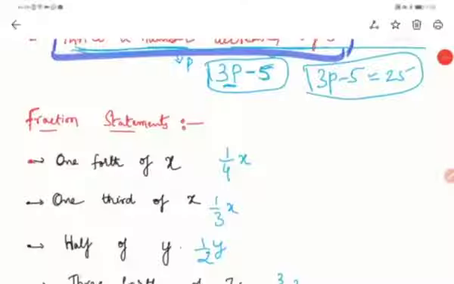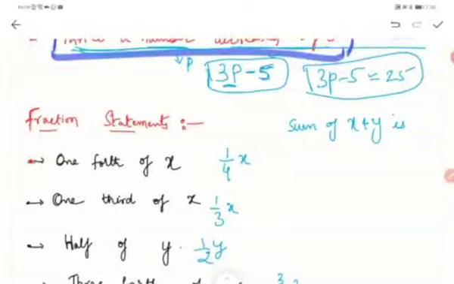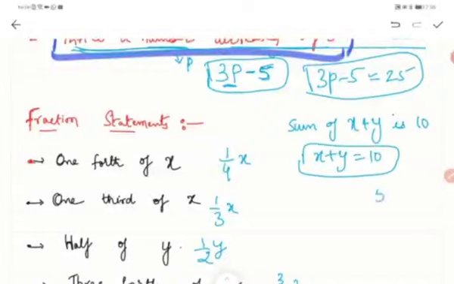You'll have some equations in which you'll have two variables also. Like if they give you the sum of x and y is 10, something like this, I'll take x plus y is equal to 10. This is also an equation. Now I'll give you a statement like: total number of boys and girls in a class is 52.